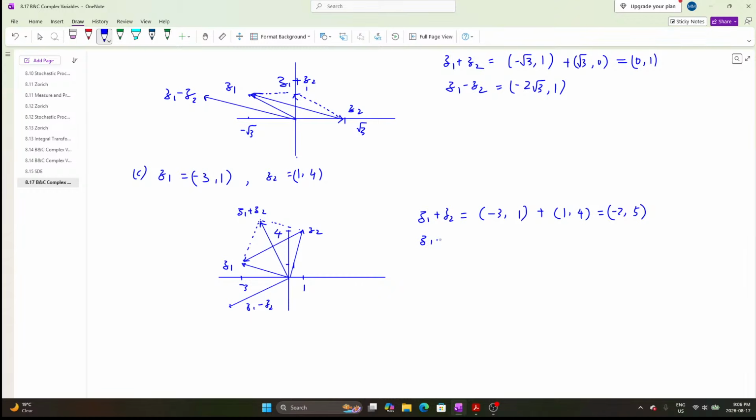And Z1 minus Z2, that's (-3, 1) minus (1, 4). So that's (-4, 3). Oh, actually, (-4, -3) in the third quadrant. So yeah, that's the third question, part C.